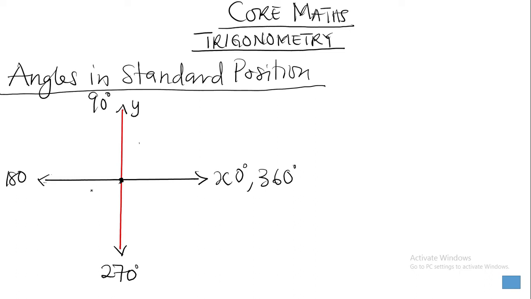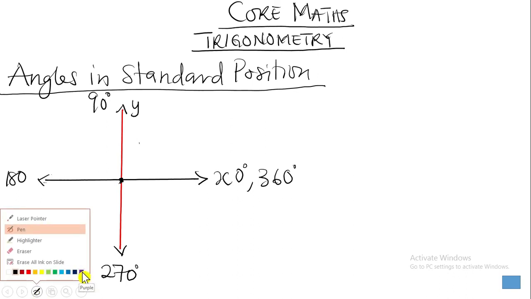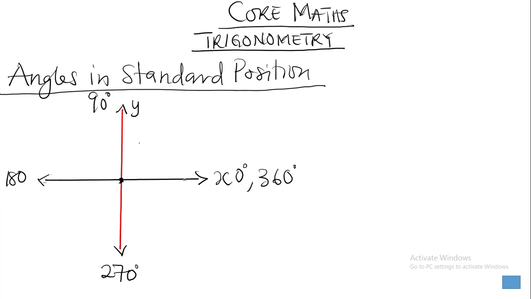Good. So now we want to draw our angle in standard position. This is the positive x-axis, so our initial arm, or initial ray, will be here. This starting point is our initial ray, or arm.